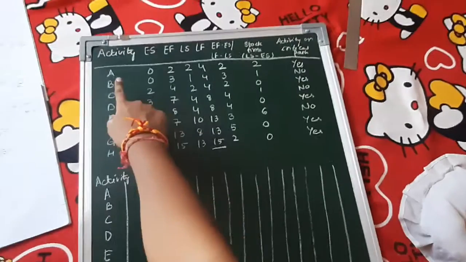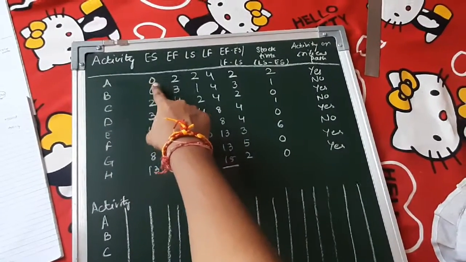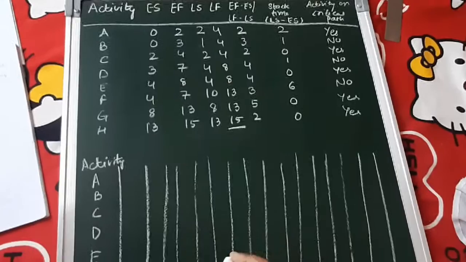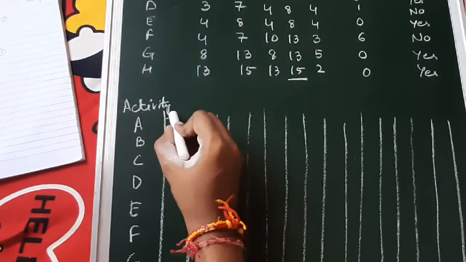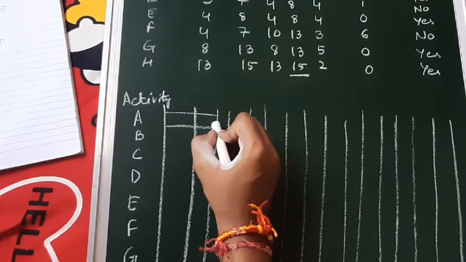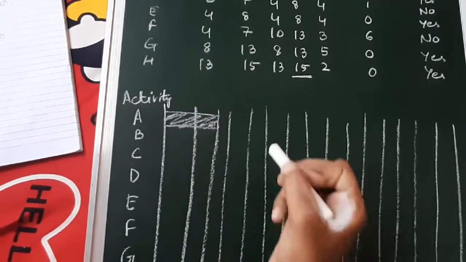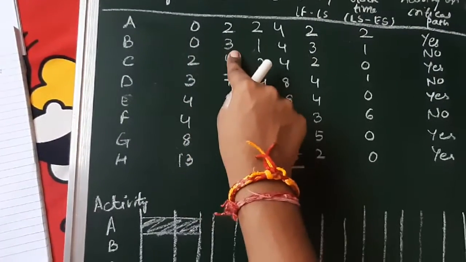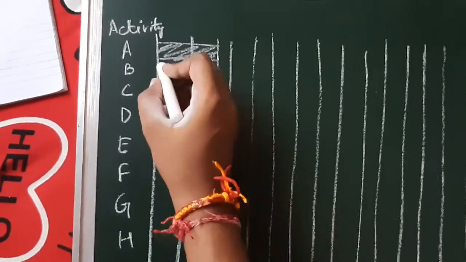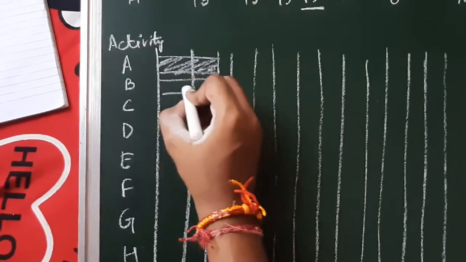Now for our activity A, we have to draw from 0 to 2. So it is our 0 point and this is our 2 point. Then for our B, it is 0 to 3. So we will draw 0 to 3.